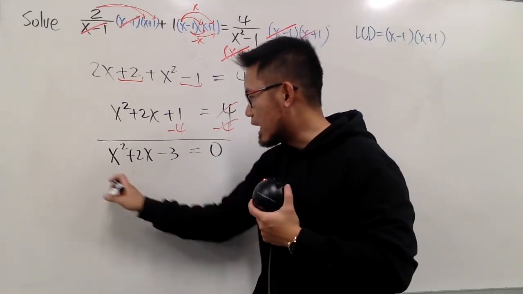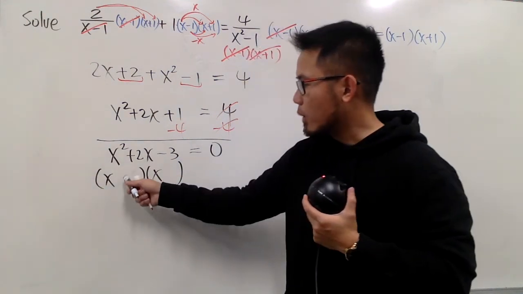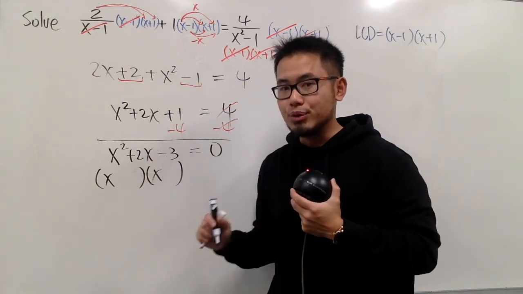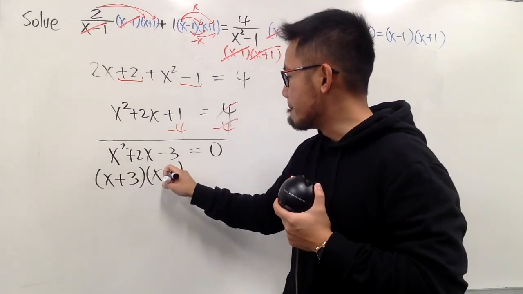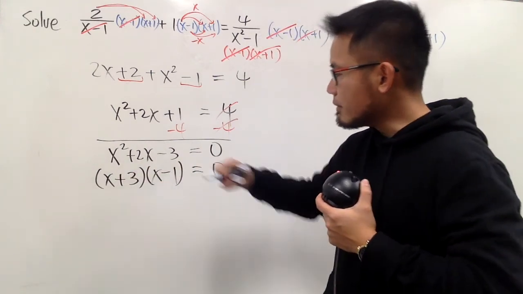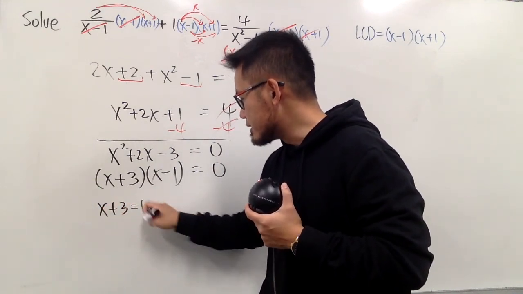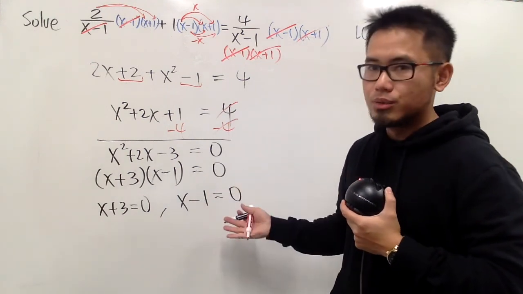And we can factor this. We get x and x right here. And now what two numbers multiply to give us minus 3, and together they add up to positive 2? The correct combination for that is plus 3 and minus 1, right? Okay, continue. Here we put down x plus 3 and make this equal to 0. And then we also set x minus 1 to be 0.